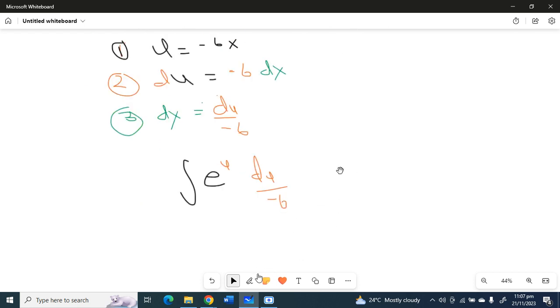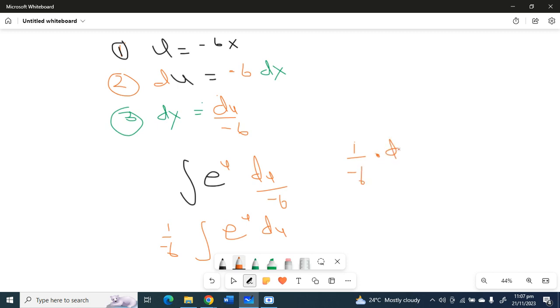So we're going to take the negative 6 out of the integral. Remember, du over negative 6 is the same as 1 over negative 6 times du. So the 1 over negative 6, we take it out of the integral, and we remain with e^u du. As you can see, du over negative 6 was split into 1 over negative 6 multiplied by du.